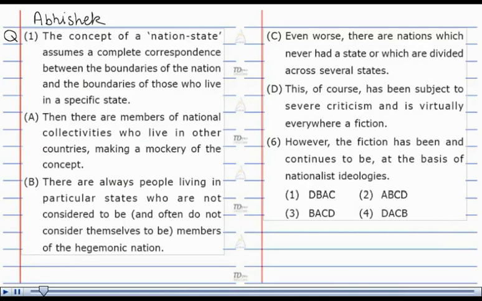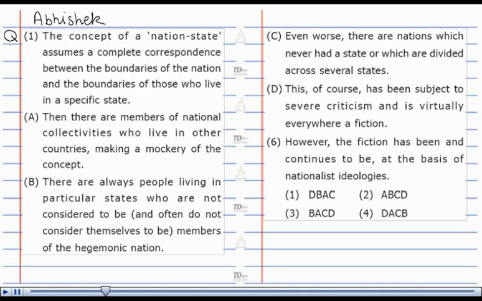The question is statement 1. The concept of a nation-state assumes a complete correspondence between the boundaries of the nation and the boundaries of those who live in a specific state. A. Then, there are members of national collectivities who live in other countries, making a mockery of the concept. B. There are always people living in particular states who are not considered to be and often do not consider themselves to be members of the hegemonic nation.